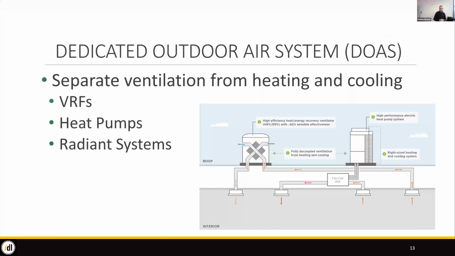Any building that's using a DOAS, you automatically meet an additional efficiency option, so you don't have to worry about the rest of the list, right? They're really trying to encourage this in code, and then you've got states like Washington, where DOAS is already required for a lot of their municipal buildings and things like schools. So if you have one of those projects, you're already set on this list.